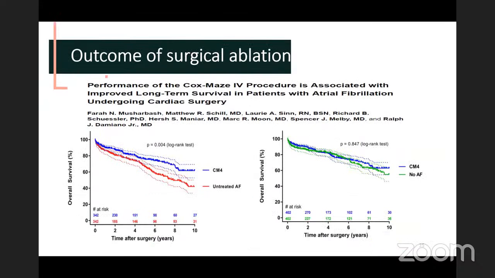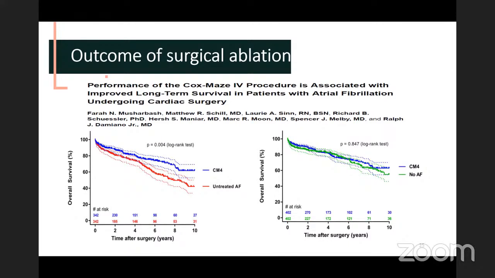Finally, in this study, they compared patients who underwent the Cox-Maze procedure versus untreated AFib. If you compare the patients who underwent surgical ablation versus those who have untreated AFib, the Cox-Maze procedure showed a significantly better overall survival rate than the untreated AFib.